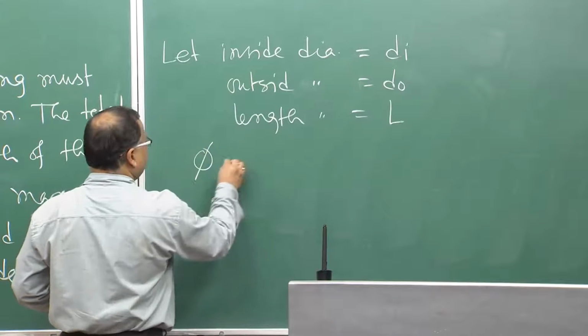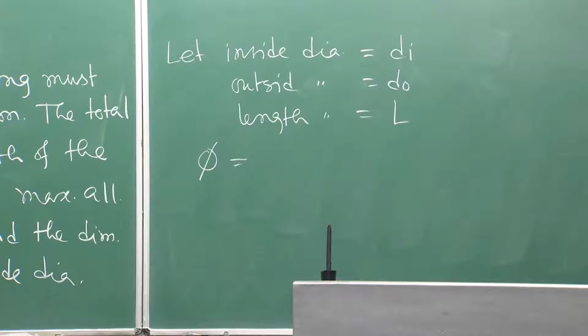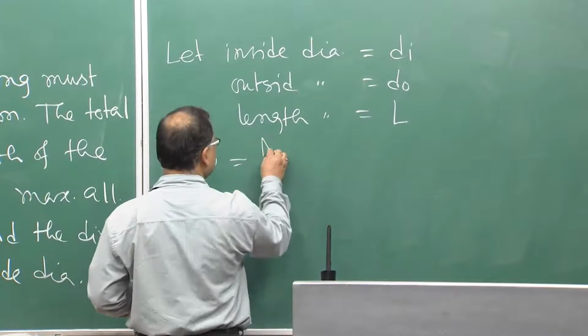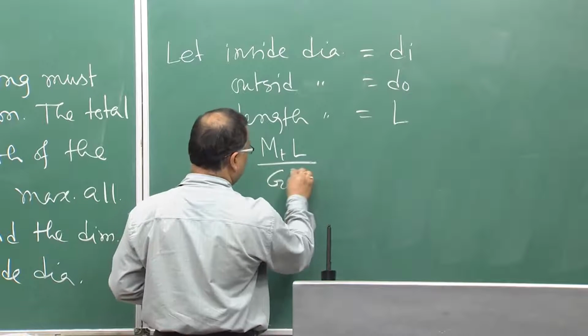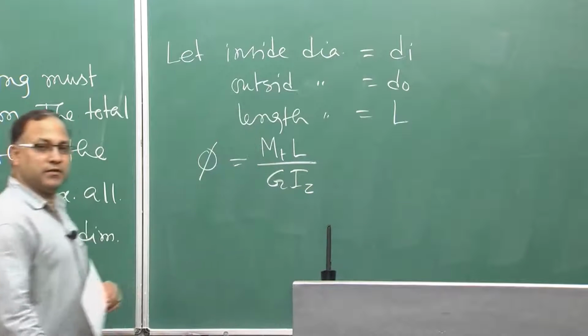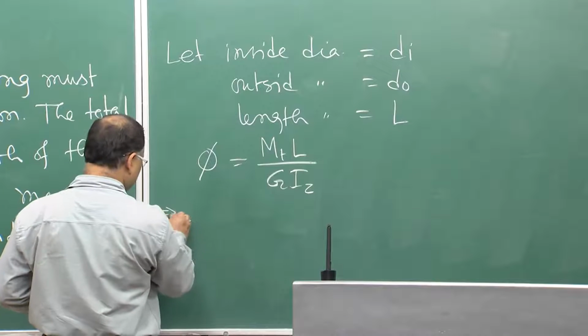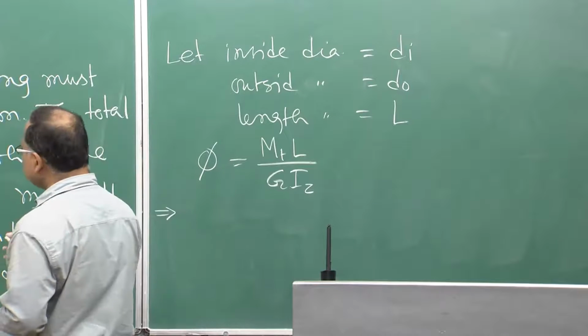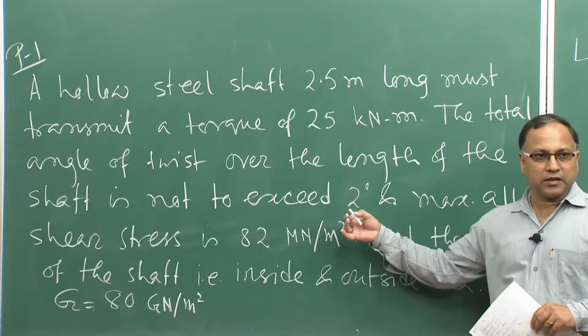As for our derivation, whatever we have done earlier, the twist angle is given by MT L by G IZ, if you recall, no issue. Here we can put, because our restriction is 2 degree, that is the maximum twist we can have in the shaft.